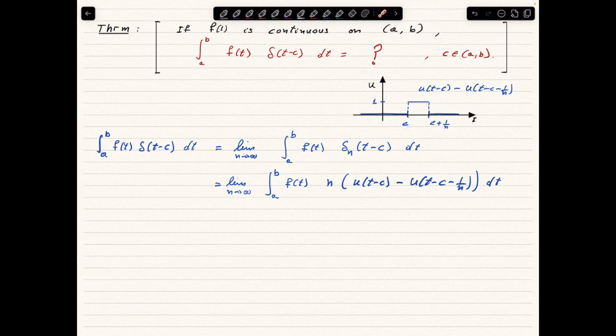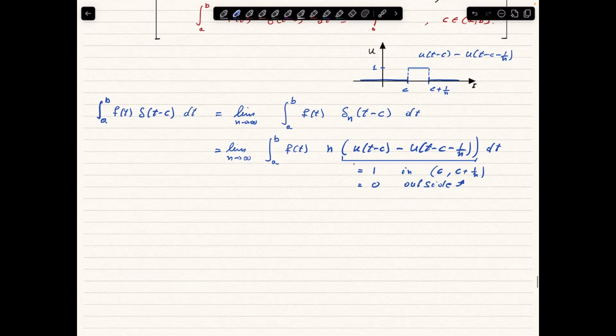So if we use those properties in this integral, let's put that in writing. This function here, the step, recall we need to multiply that by n later, so by this n here. But this function is equal to 1 in the interval from c to c plus 1 over n, and this function is equal to 0 outside that interval.